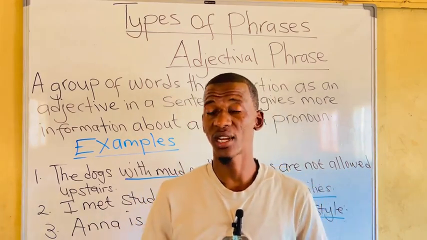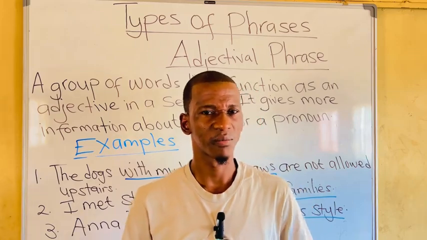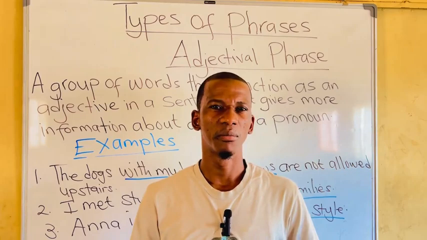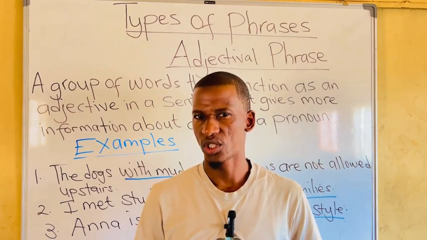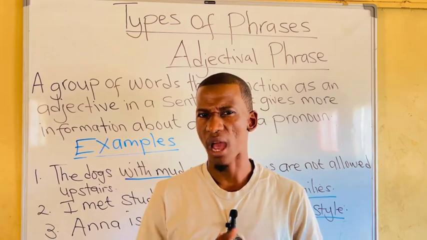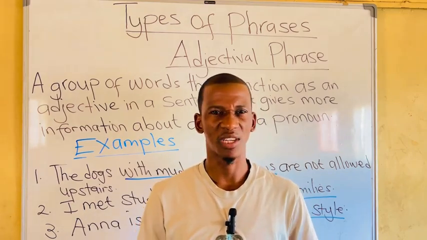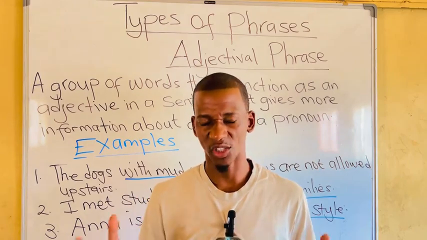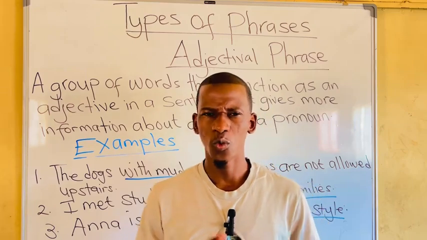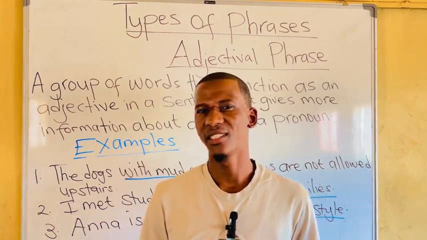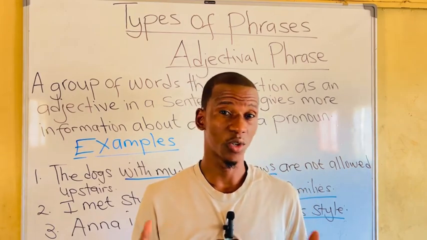If you remember in your grade 7, the first topic that you were taught was parts of speech. Remember the 8 parts of speech in the English language: noun, pronoun, adjective, adverb, and so on. So, what were we told during those lessons?